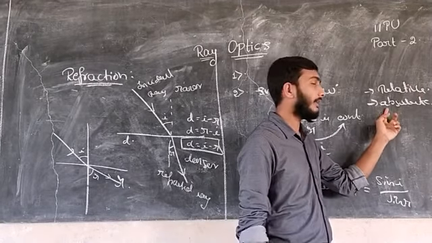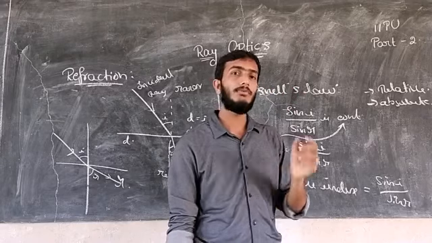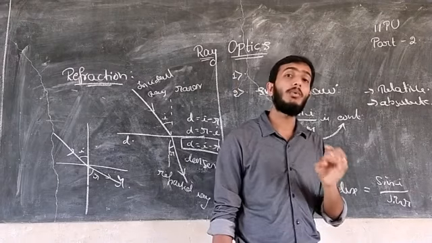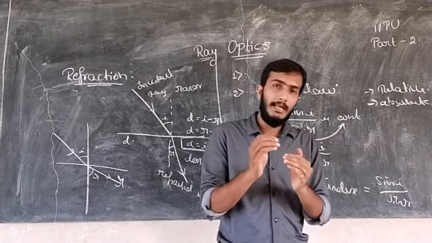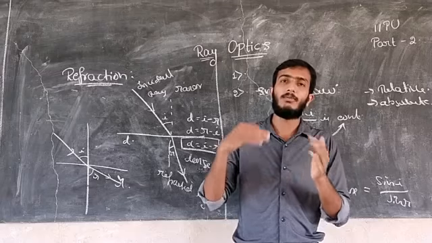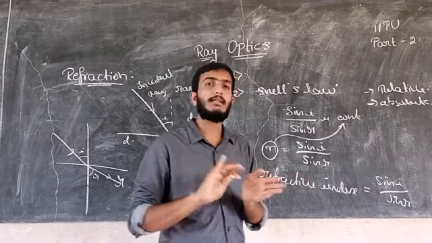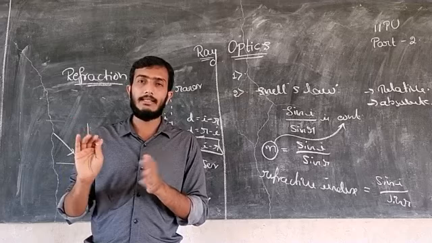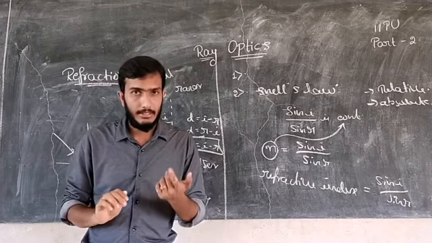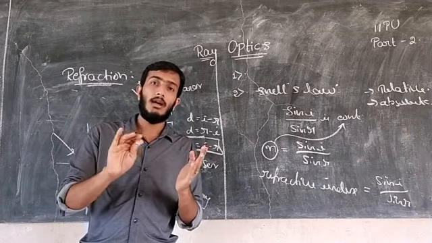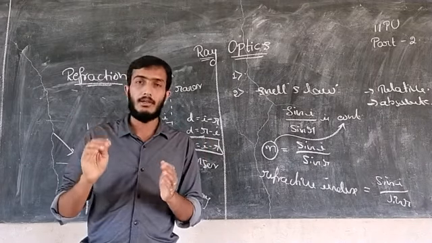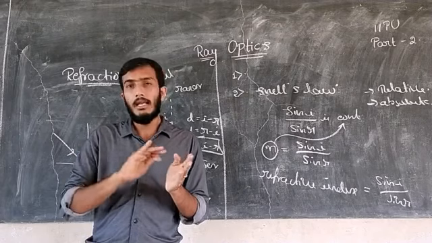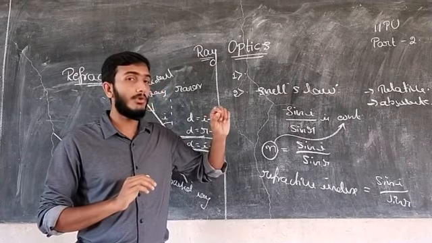But absolute refractive index is the refractive index of one medium with respect to vacuum. Any medium, be it air, water or glass, can be taken, but with respect to vacuum only. In relative refractive index, both are media like air, glass or water, but there is no vacuum.